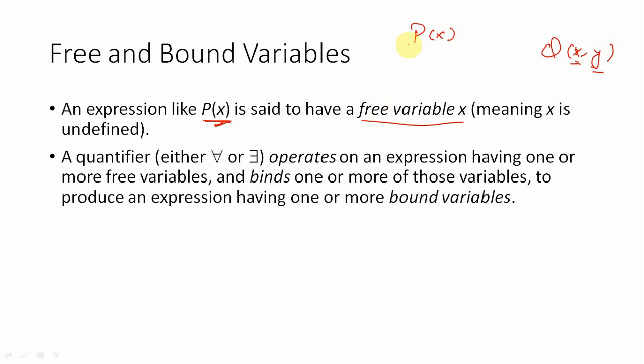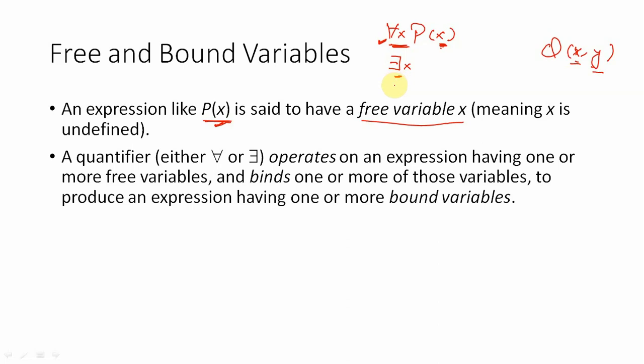But if I specify a quantifier over it, say for all x, now I have put a condition on the value of x. I have put a bound on x. Now x is bounded by the quantifier for all. Or suppose I specify there exists x, then once again x has been bounded by this quantifier.